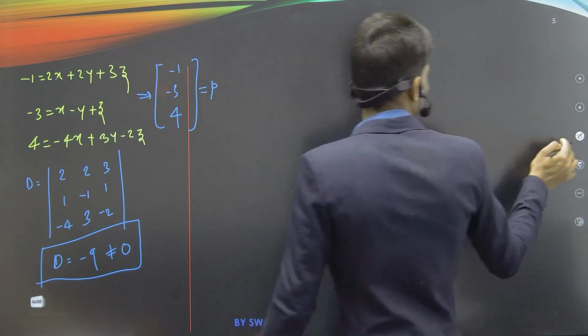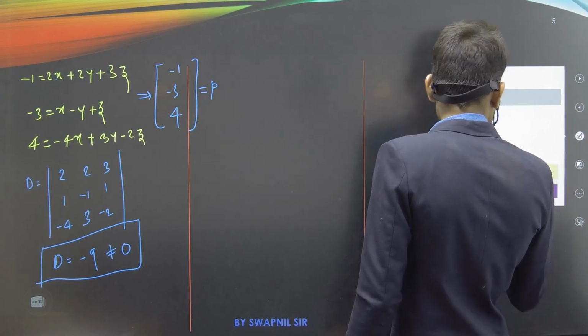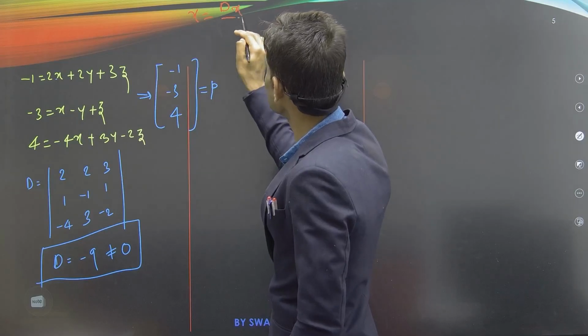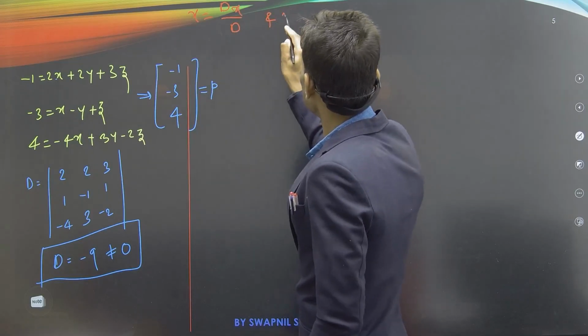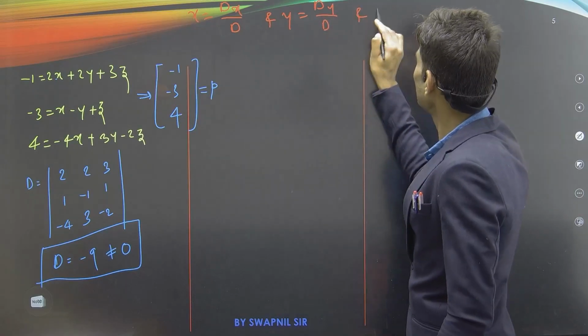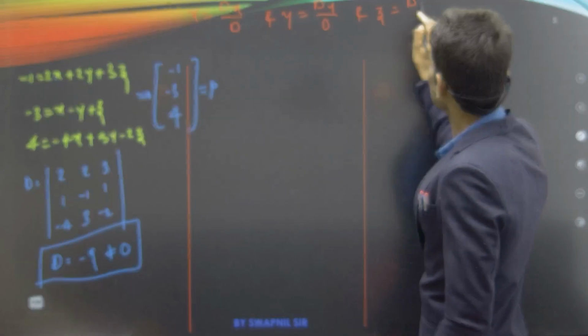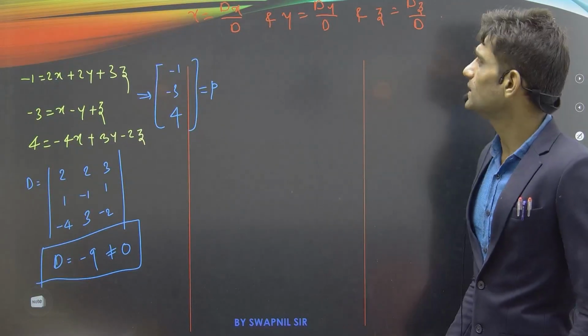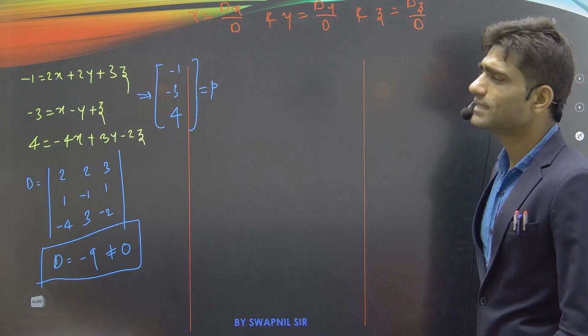For finding x, x can be written as Dx divided by D, y as Dy divided by D, and z as Dz divided by D.